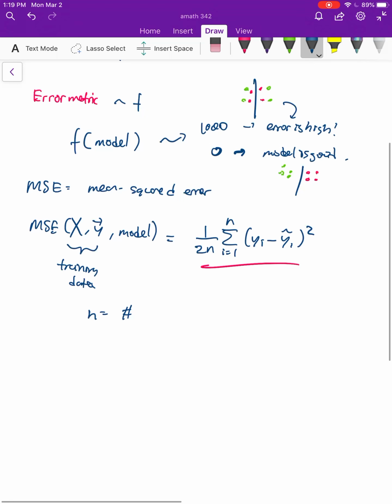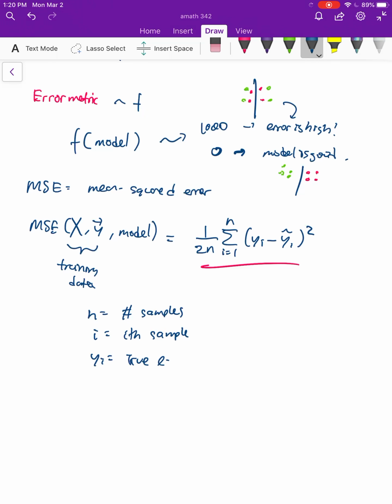N is the number of samples, and i is the ith sample, and we have n of them, so i goes from 1 to n. yi is the true label or true answer to the ith sample. And what's y tilde i?